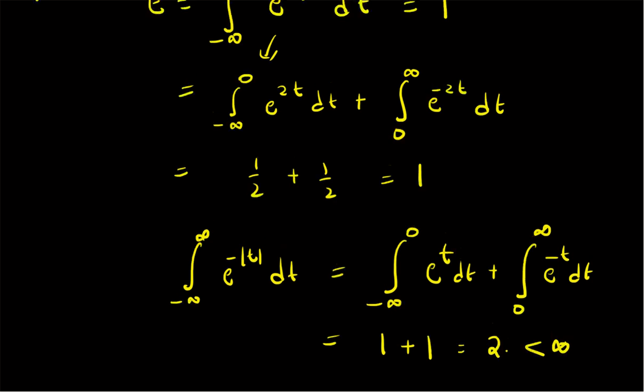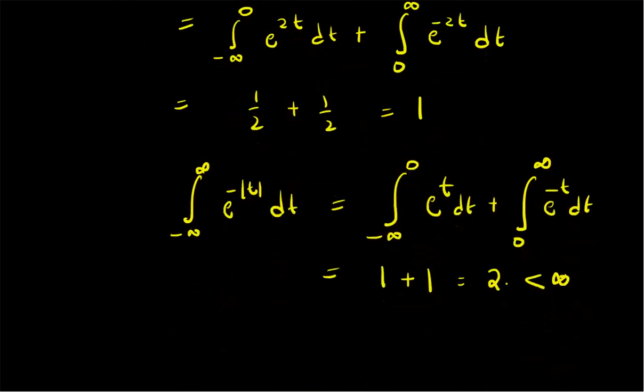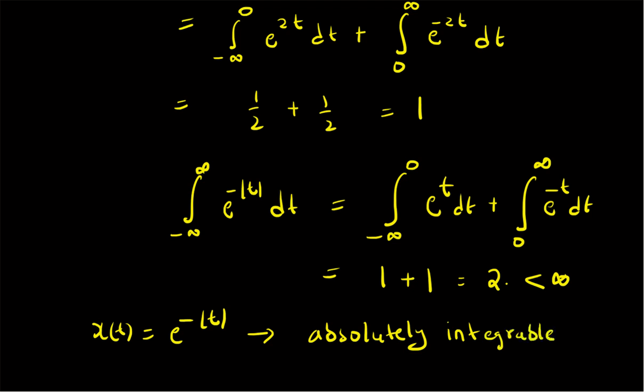So for this signal, both conditions are satisfied: the energy is 1, which is less than infinity, and the integral of the modulus of x of t dt is 2, also less than infinity. So the signal x of t equal to e power minus mod t is absolutely integrable, and it is indeed a finite energy signal.